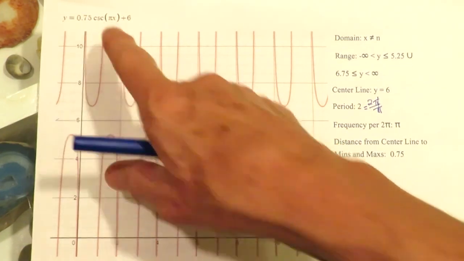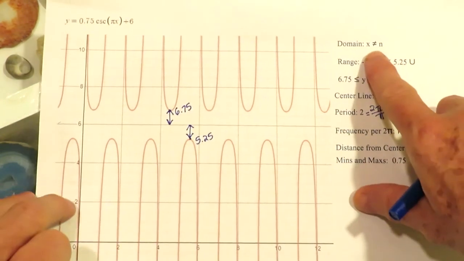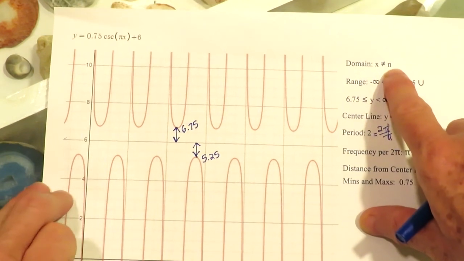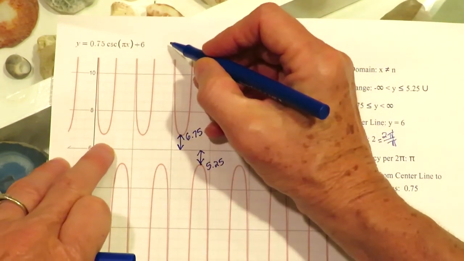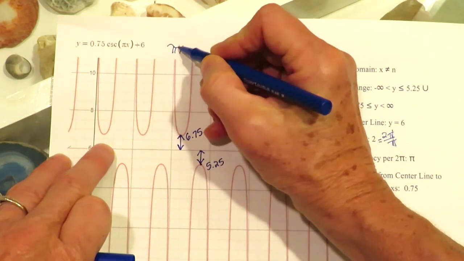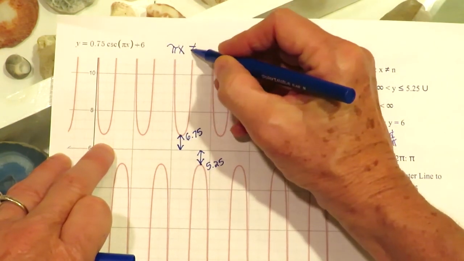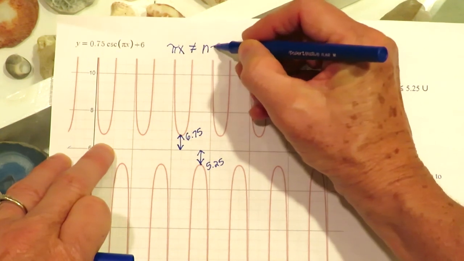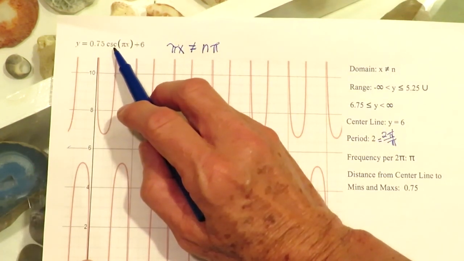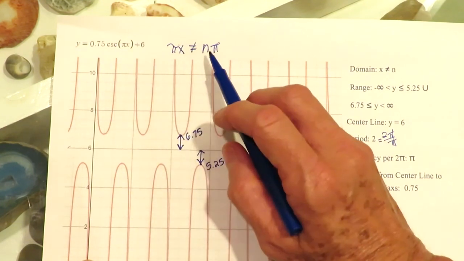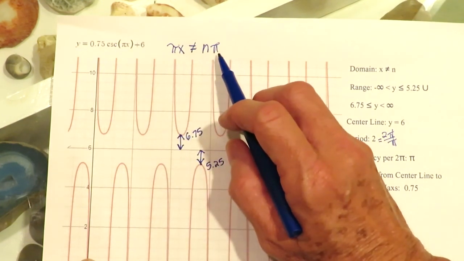The pi times x is creating a domain where x cannot be any integer. The reason is that pi times x cannot be any multiple of pi, because cosecant is 1 divided by sine. Sine is 0 at any multiple of pi.